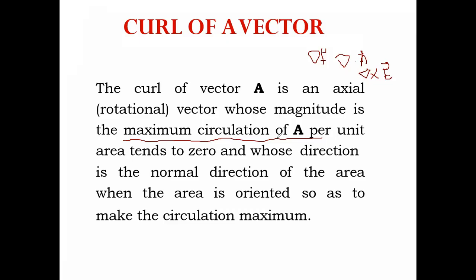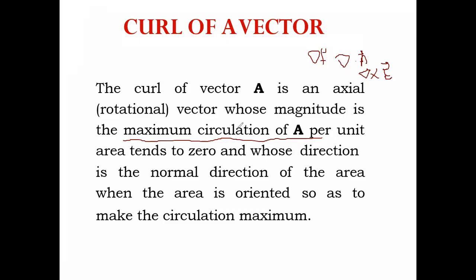That is why it is said that if the curl of a vector is 0, that vector is an irrotational vector, because curl gives the maximum circulation. If curl is 0, circulation is 0, meaning the vector cannot be rotated, or in other words, that vector is also called a conservative field.